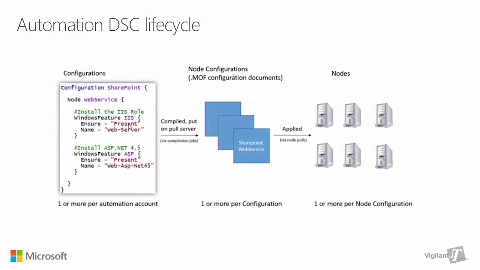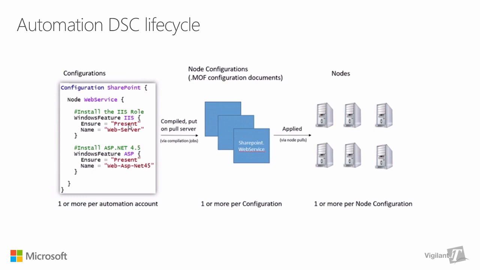So here's an overview of how the DSC lifecycle would look in OMS Automation. You first declare your configuration. In this case, we define that the nodes should have the web server role and ASP.NET 4.5 installed. We then take this configuration file and compile it, which creates what we call the node configuration MOF document. And finally, we just assign this to one or a group of nodes.